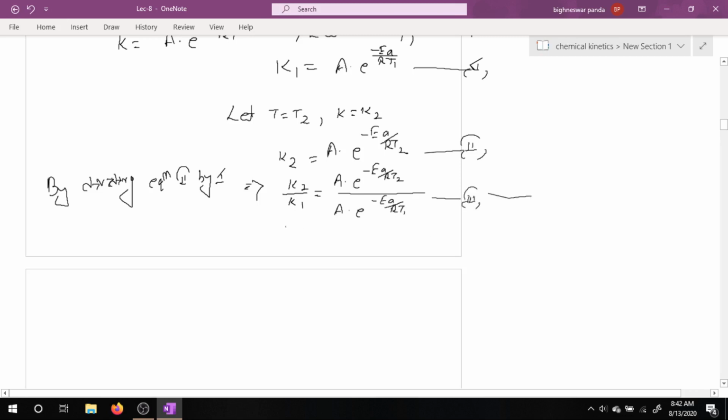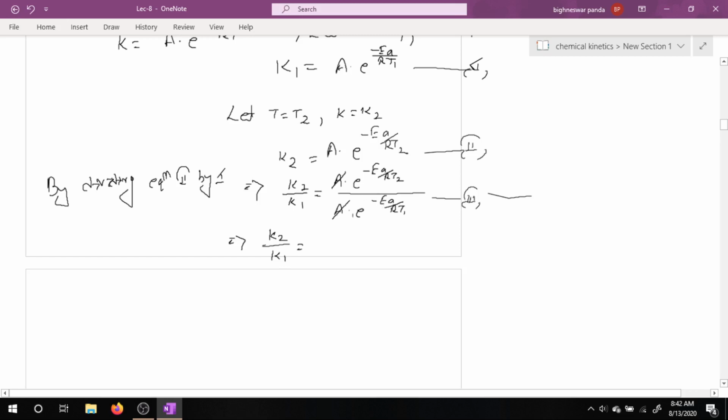Solving this equation, k2/k1 is e^(-Ea/RT2) divided by e^(-Ea/RT1).